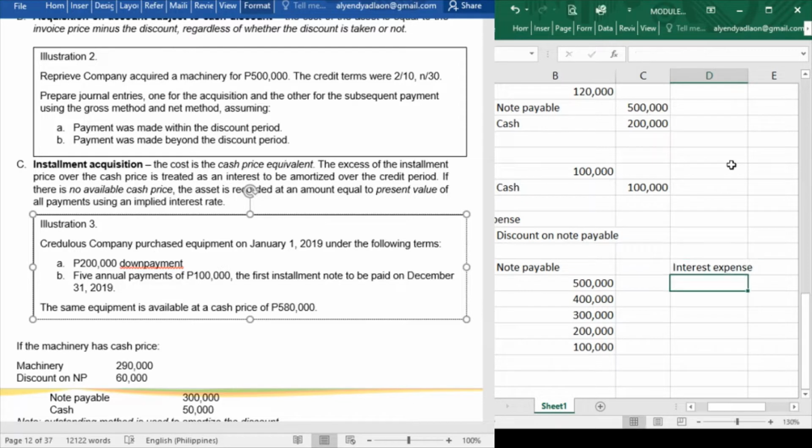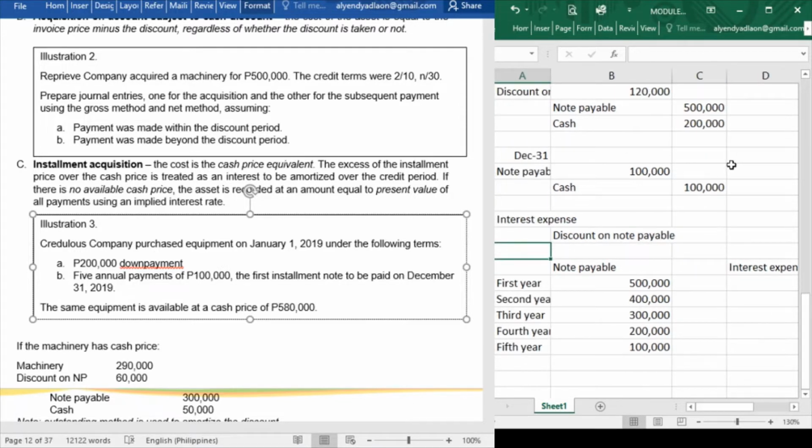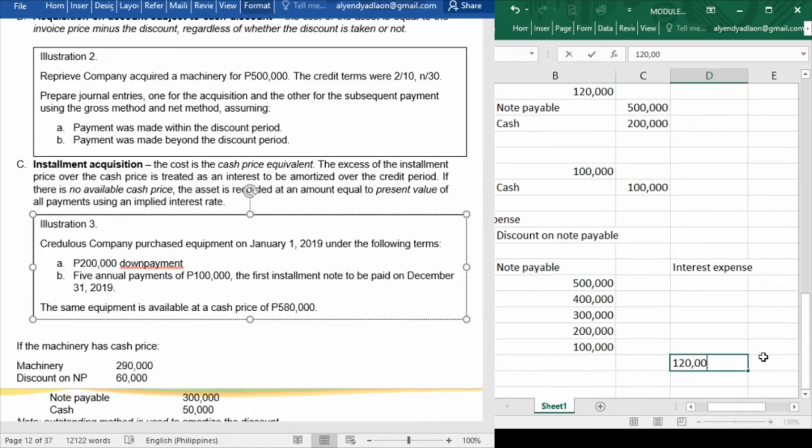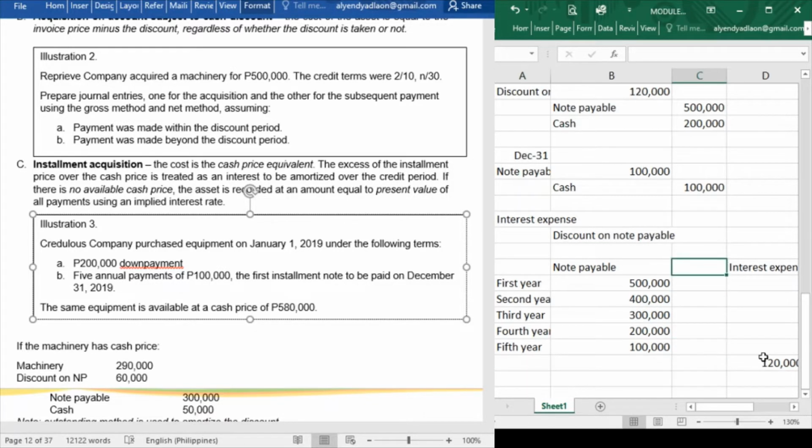Now, take note, class, that our discount on note payable was 120,000. So, such discount will be allocated over the 5 different years using the fraction of the outstanding balance of the note payable. Just like what we did in the acquisition on cash basis, we are going to take the fraction of the outstanding balance.